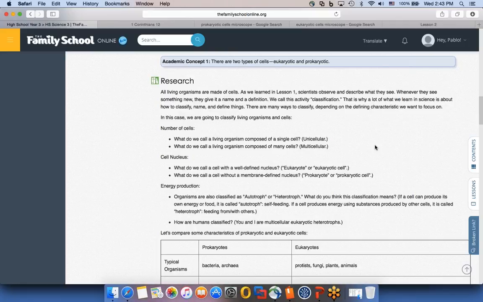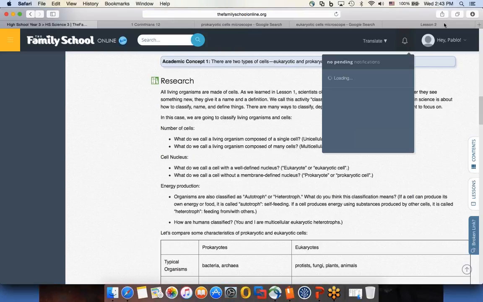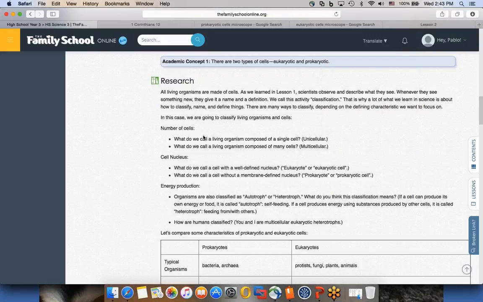So in the lesson, we have 3 of the ways of classifying living organisms. But I tell you, there are a ton of different classification schemes. So by the number of cells, an organism can be unicellular or multicellular. That is pretty easy.